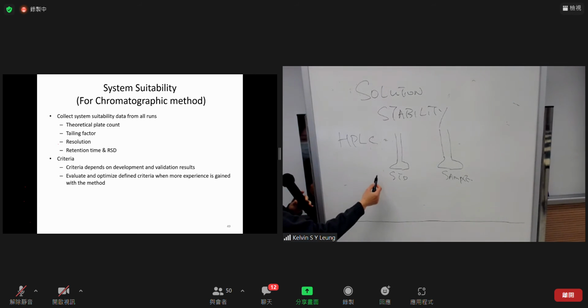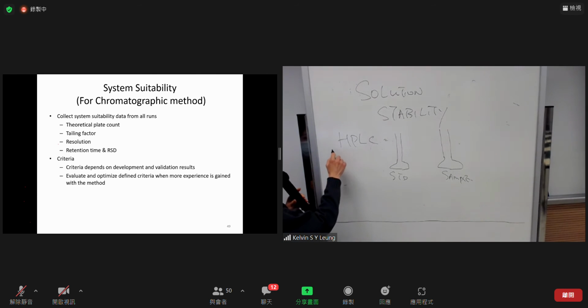Let's say today I prepared the solution, and some of the analytes may not be stable in solution. As in the calibration, you remember I suggested you have 7 calibration concentrations with duplicate injections, or sometimes triplicate injections.